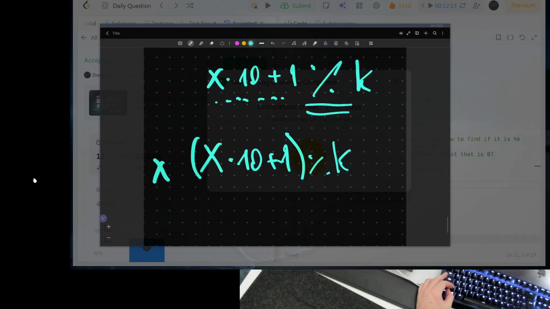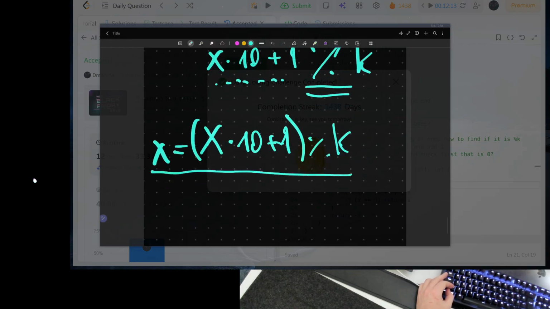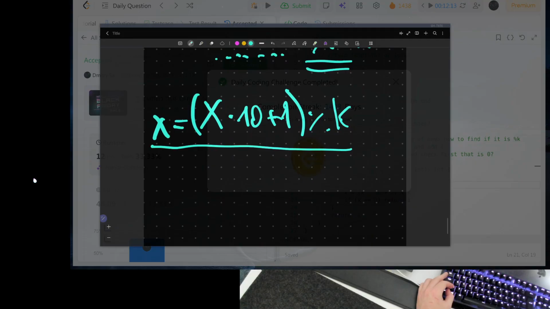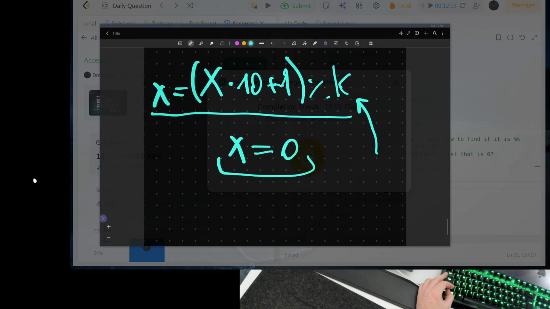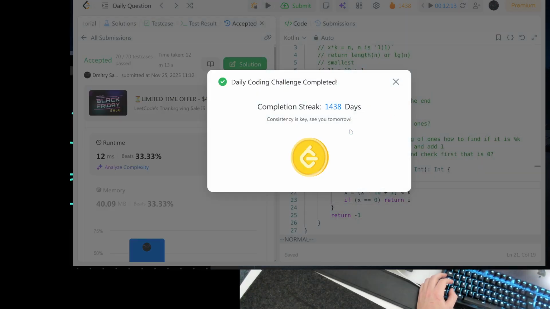But how can we check if it is divisible by k? Because we already do the modulo operation. What does it mean to say that a number is divisible by k? Actually, this is pretty simple. If x equals 0, that tells us it is divisible by k. So this is the entire algorithm, and it works.